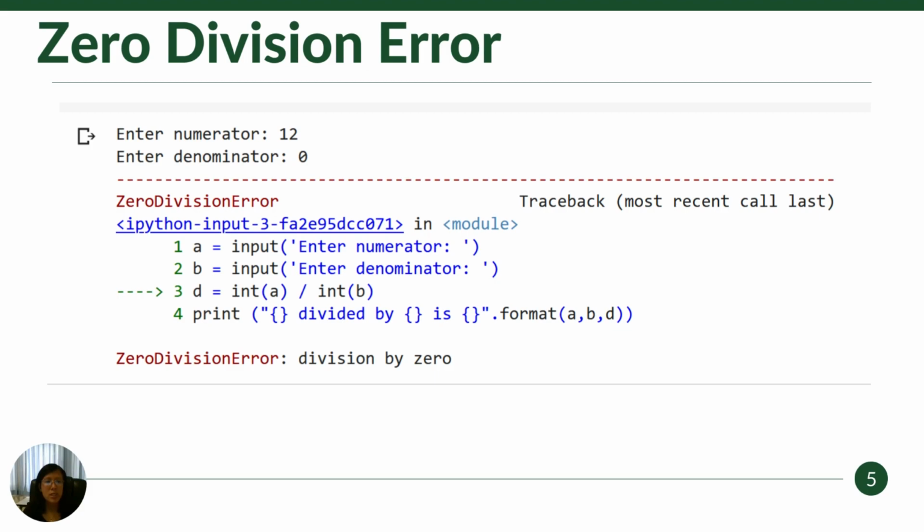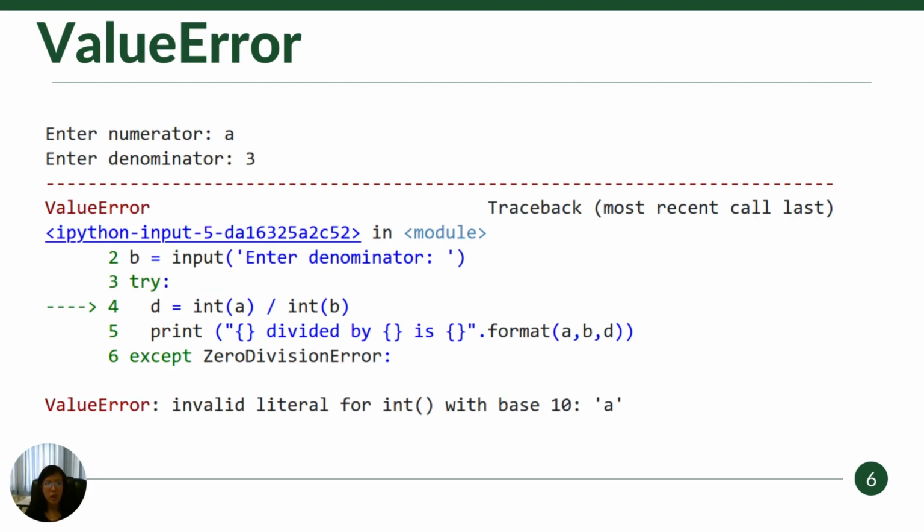So this error message is called zero division error. As the name mentions, it's a zero division error because you divide a number by 0. So what we can do, we have to prevent this zero division error. But before how to handle this exception, let's move on to another type of error.